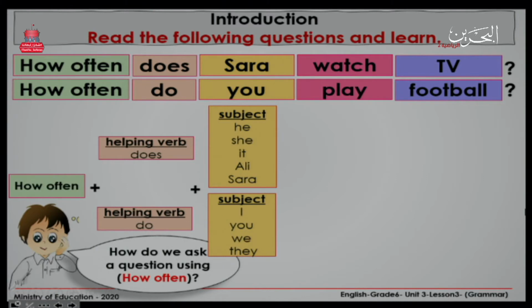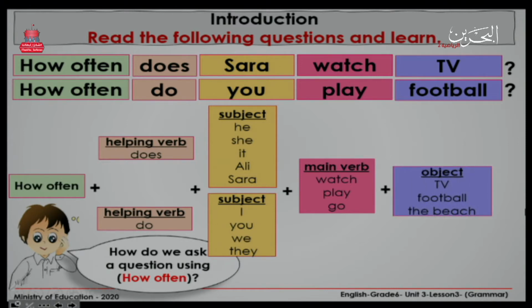Then with do, you have to say I, you, we, they, or you can also say names like Sarah and Ahmed, my mother and I. Plus the main verb like watch, play, go, plus the object, TV, football, the beach, and a question mark. So you can say, how often does she watch TV? Or you can say, how often do we play football?